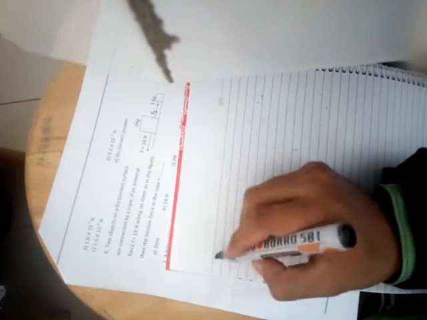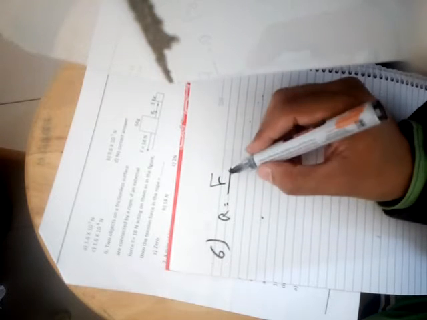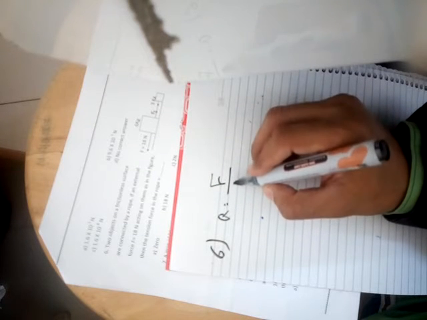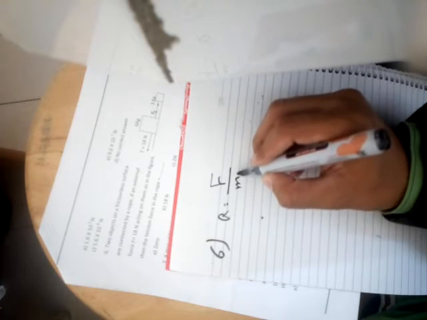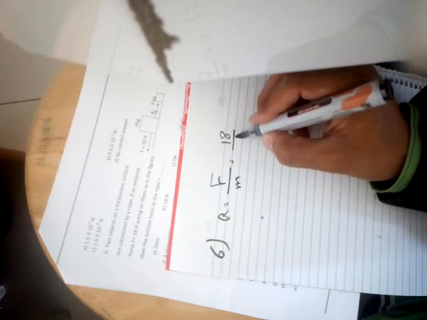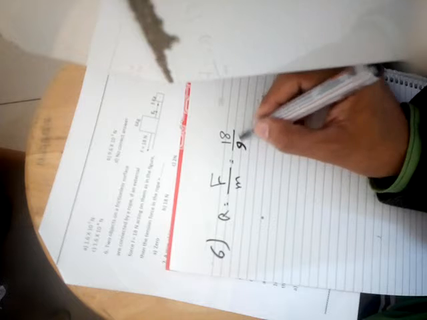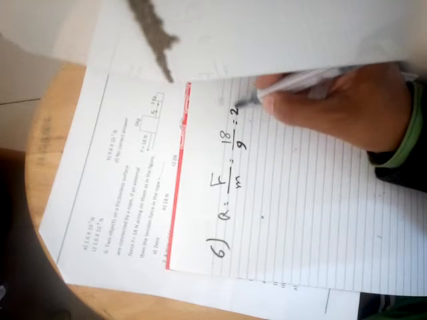To find the common acceleration, it equals total force acting on the two masses over total mass, which equals 18 Newton over 3 kg plus 6 kg, equal 9 kg. 18 divided by 9 equals 2 meter per second squared.